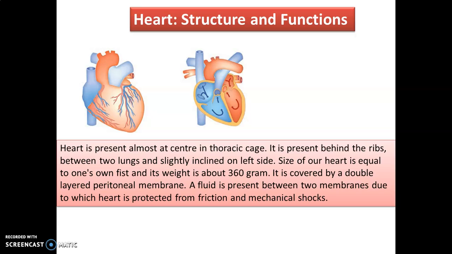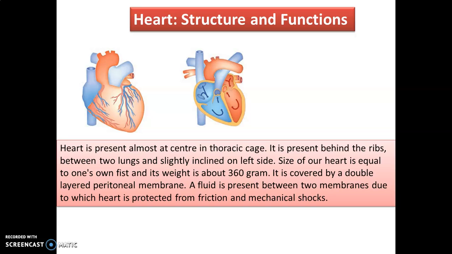Now let's study the structure of the heart. The heart is present almost at the center of the thoracic cage. We have studied in the previous video the lungs and the respiratory system which are present in the thoracic cavity; the heart is almost present there. It is present behind the ribs between the two lungs and slightly inclined on the left side.